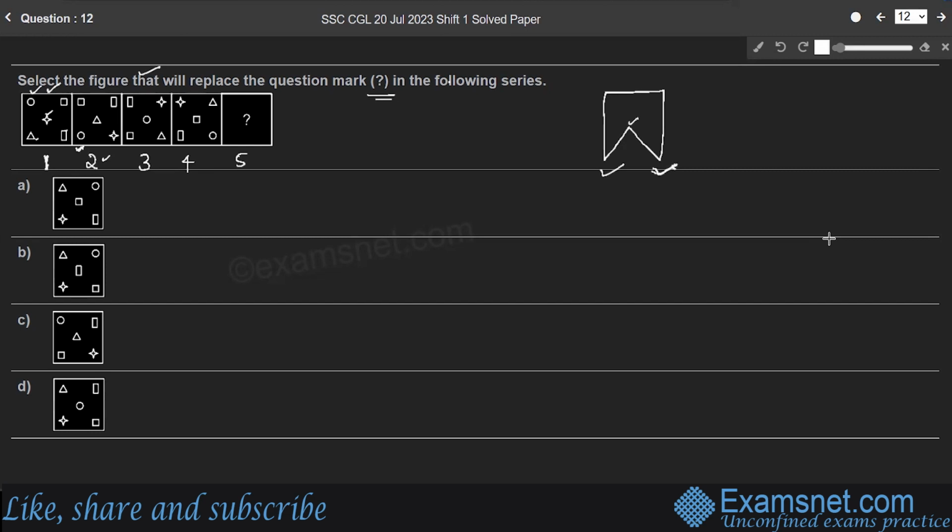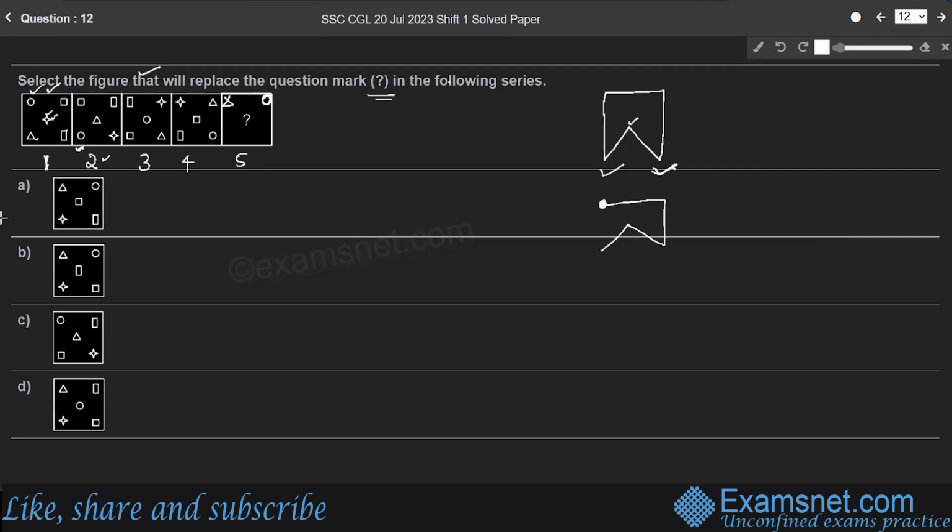Therefore, in the 5th figure, its position has to be here, to the top right corner. Now consider the triangle. Its movement in the given series is like this, right? Therefore, in the last figure, its position should be here in the top left corner. So the triangle has to come here.